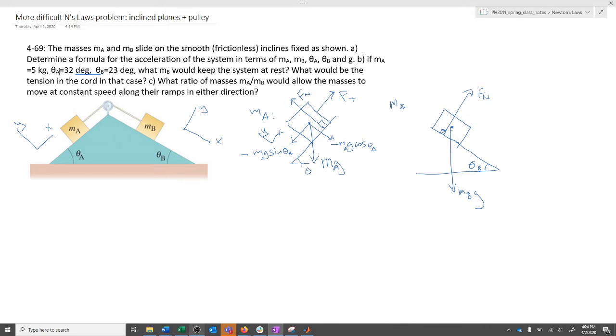Similarly, with our coordinate system oriented along the slope, we would have this component along the slope and a component perpendicular. I should have noted here, this is theta A. And for this one, you can see this would be theta B. As you shrink that angle, it's going to get smaller.